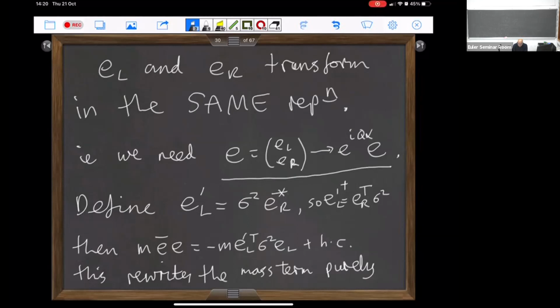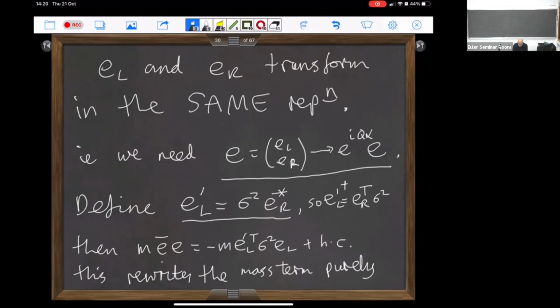Now it doesn't make sense to compare the representations of a left-handed field with a right-handed field. What we do instead is we convert the right-handed field into a left-handed field, which you can do like this, for example. And then you're comparing two left-handed fields.